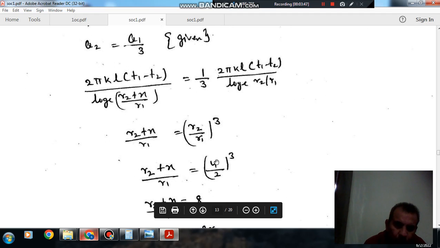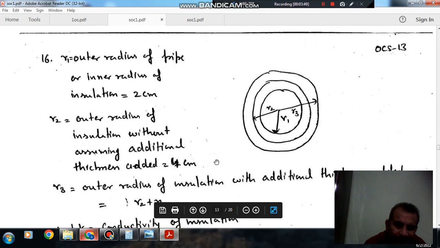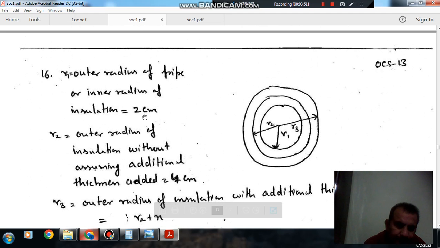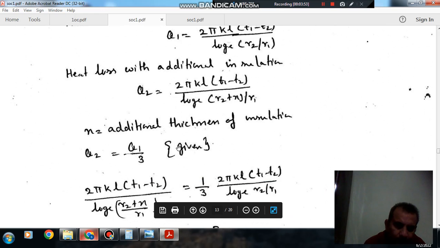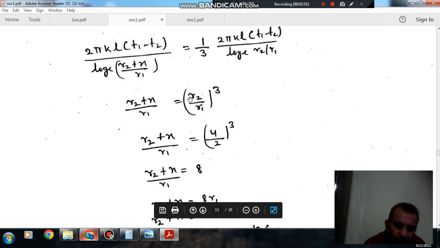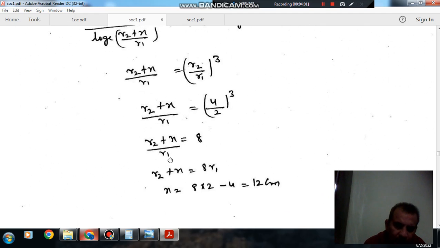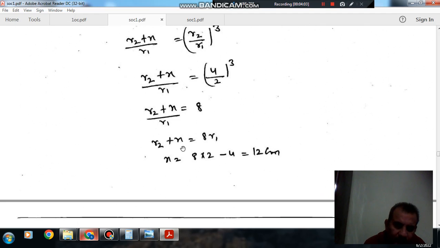R2 by R1 is 4 by 2, since R2 is 4 and R1 is 2, so this will be 2. So (R2 plus X) divided by R1 is equal to 8. So R2 plus X is equal to 8 R1, and X will be 8 into 2 minus 4, because R1 is 2 and R2 is 4, so X will be 12 centimeter.